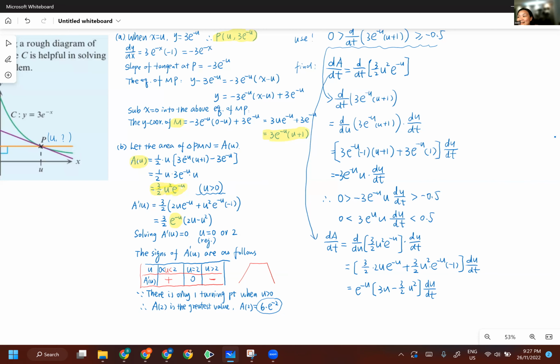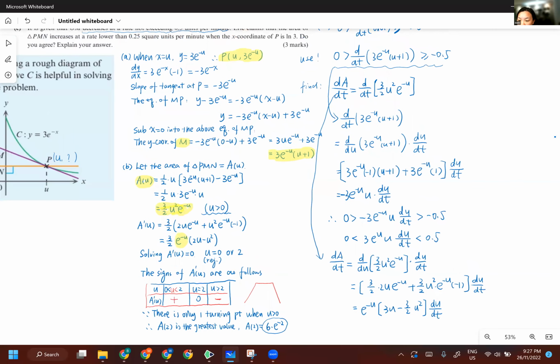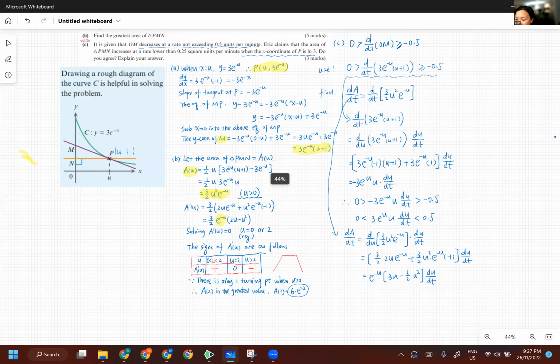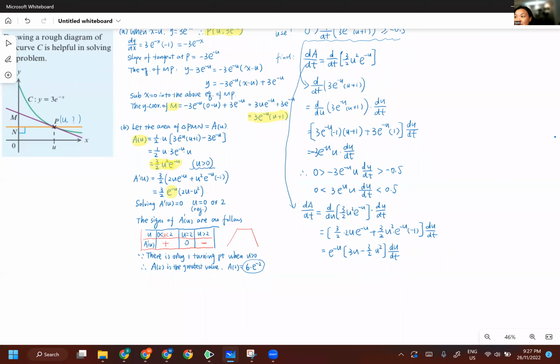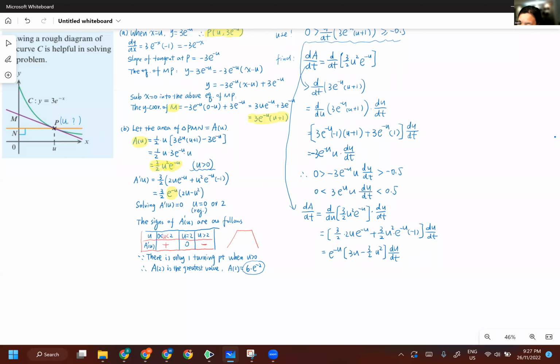Okay, now substitution. Now the question does give you a point that you need to find. It's not like always, it's just when x coordinate of p is log 3. You just need to verify at that moment what is happening with dA/dt at that moment. So now let's do substitution. But when the substitution happens, it has to happen all the places, all the places.